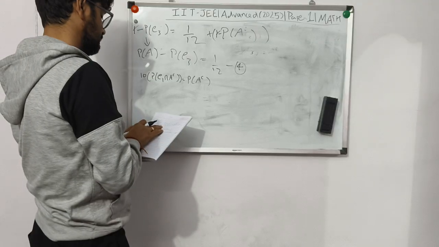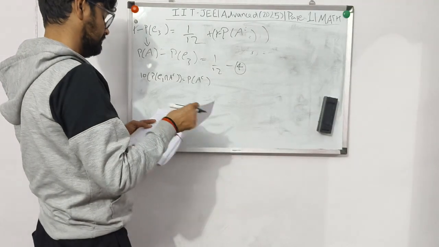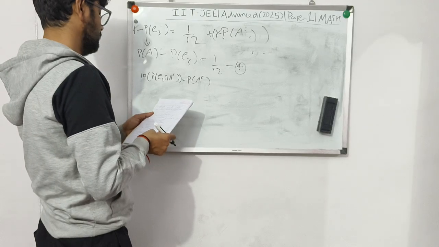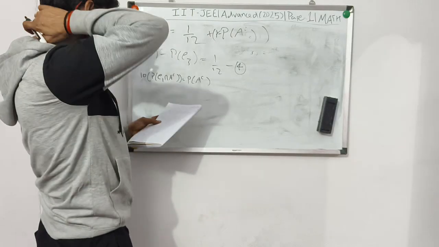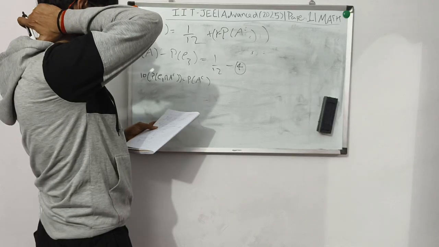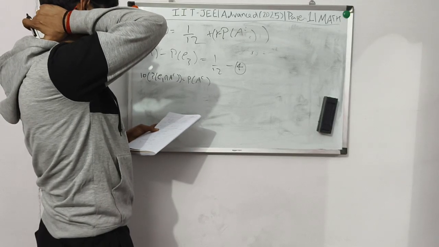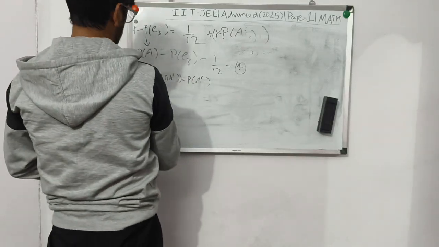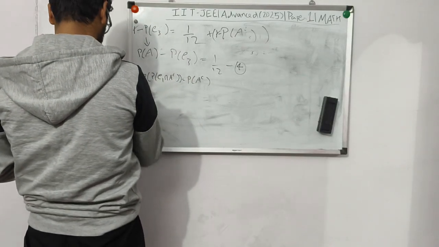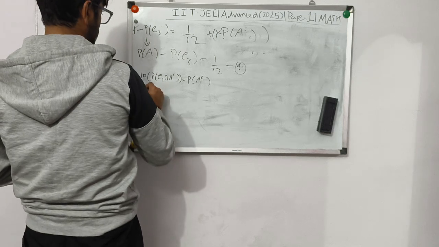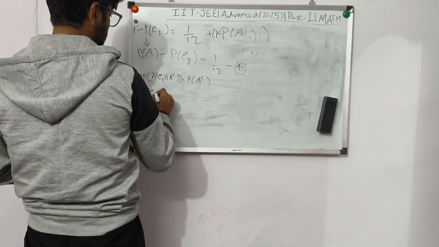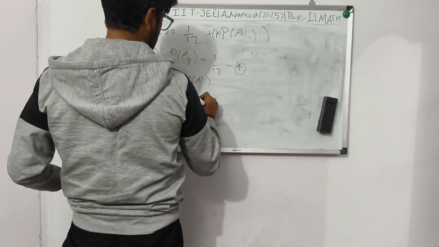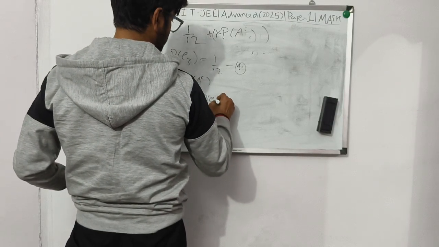How do we get from this P(E1) minus P(E1 intersect A)? P(E1) equals P(E1 intersect A) plus P(E1 intersect A complement).